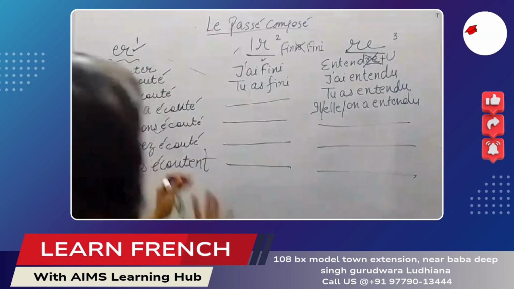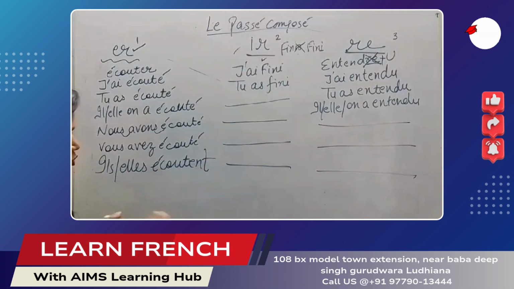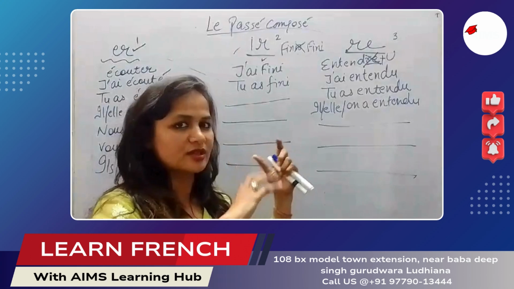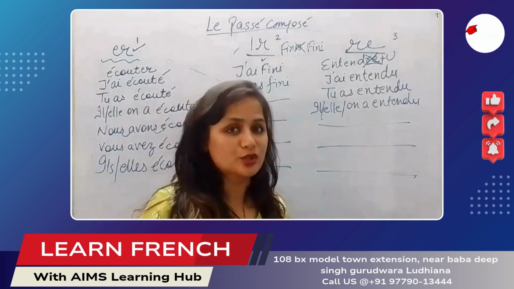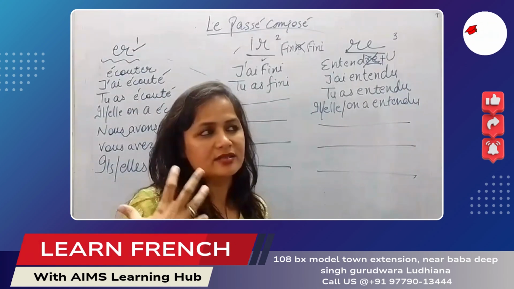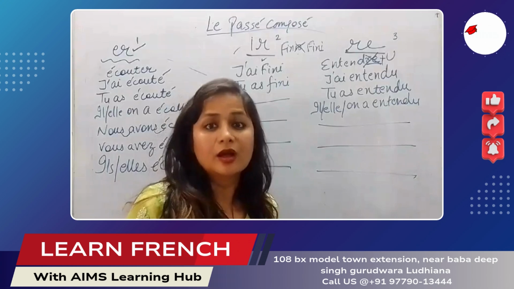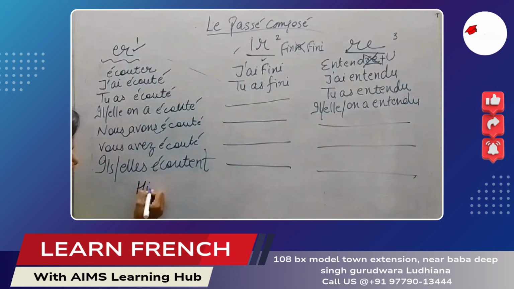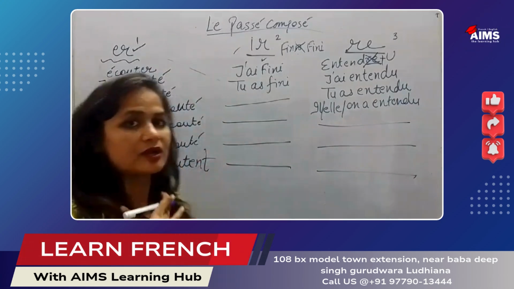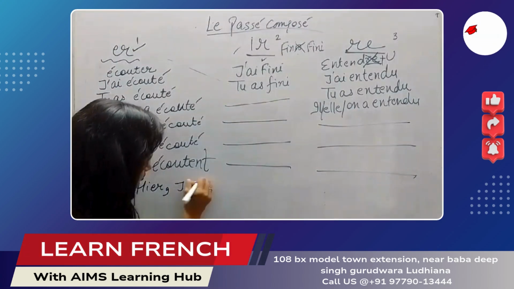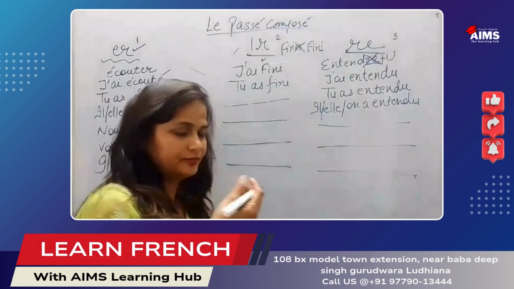Okay, now let's try to apply these conjugations in sentences. So if I want to say, yesterday I ate pizza, right? How to say? See? So, hier, this is the timeline. Yesterday, hier, okay? J'ai mangé.